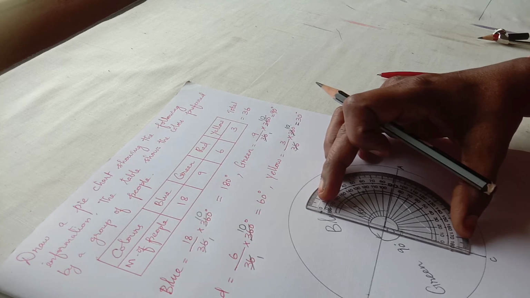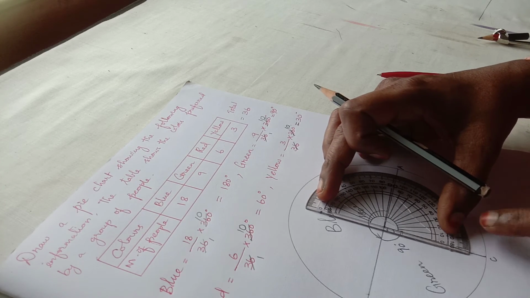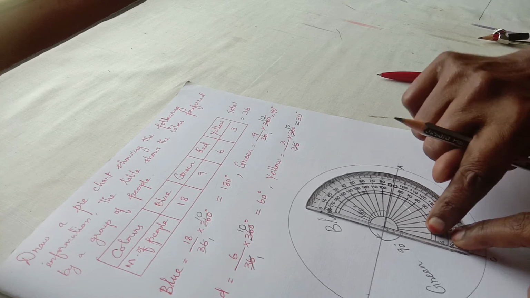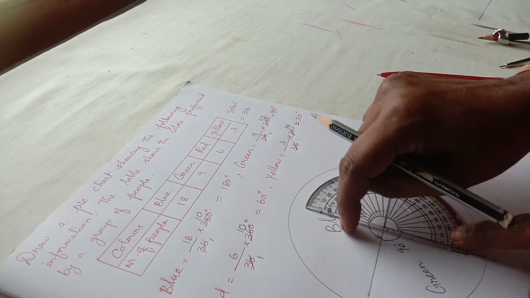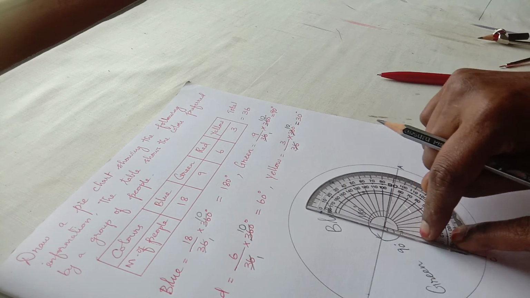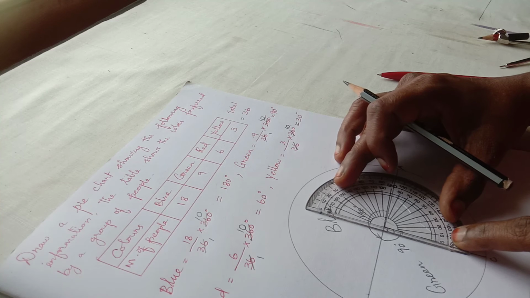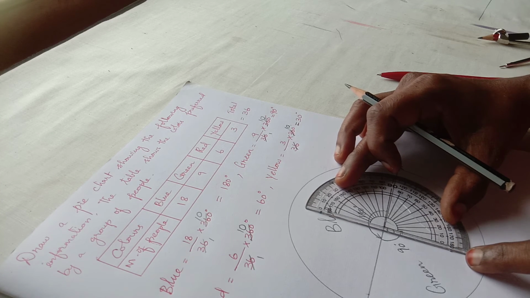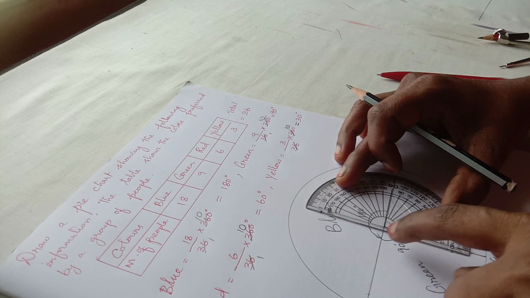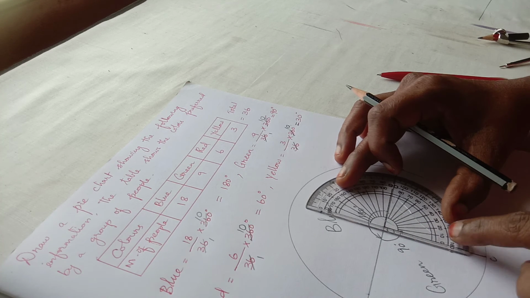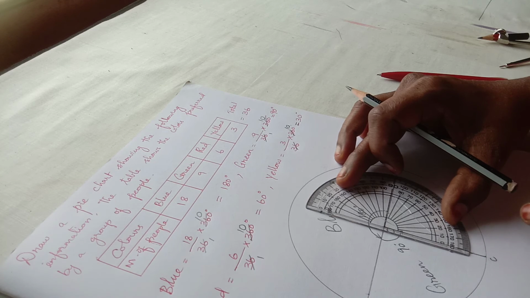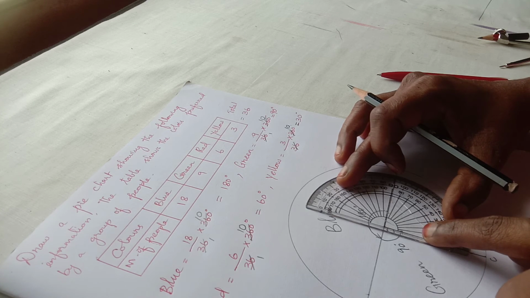Which side will we be adjusting? This side only, because we are moving like this. The zero line of the protractor and the radius OC should coincide correctly.